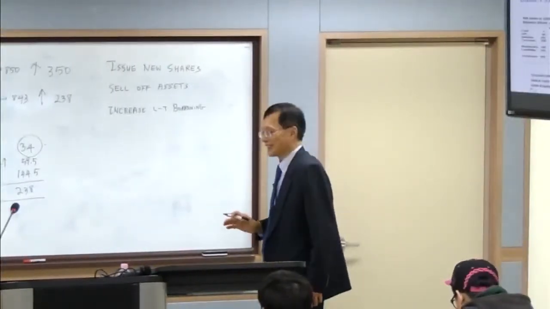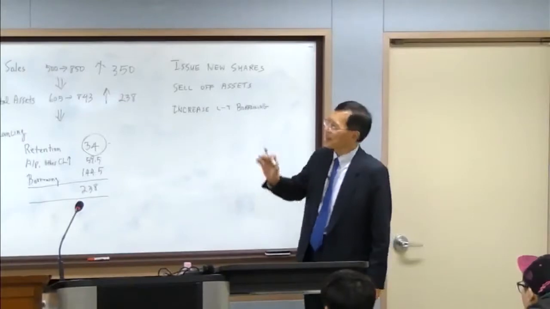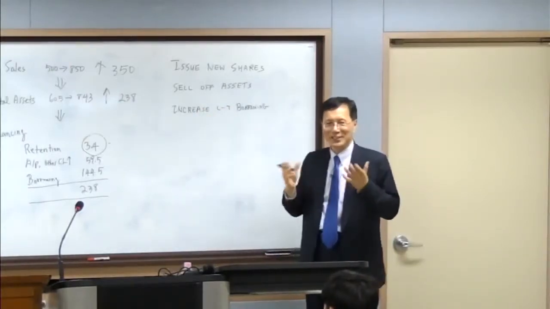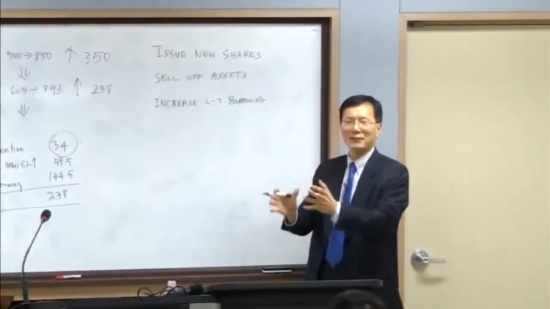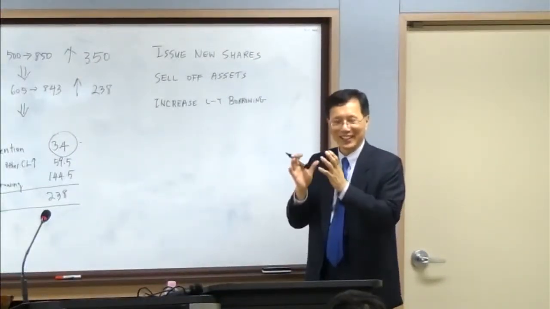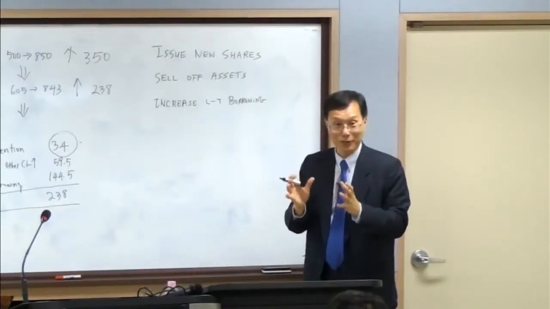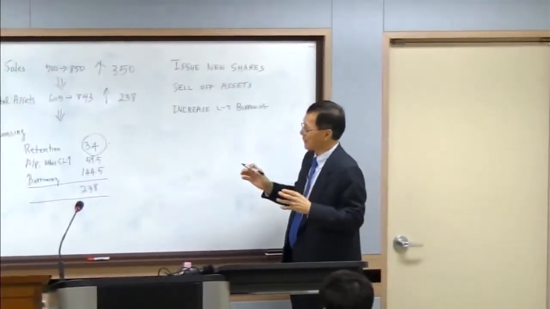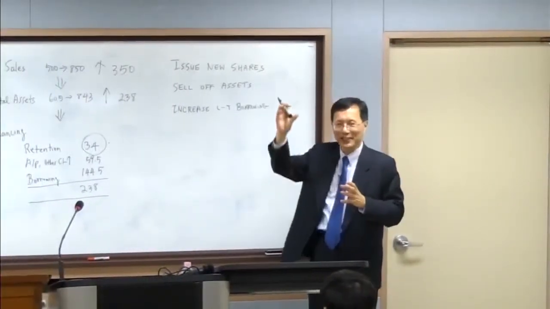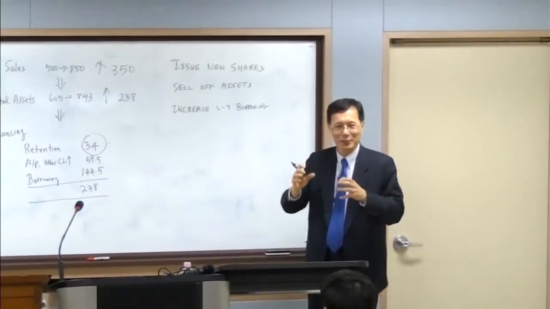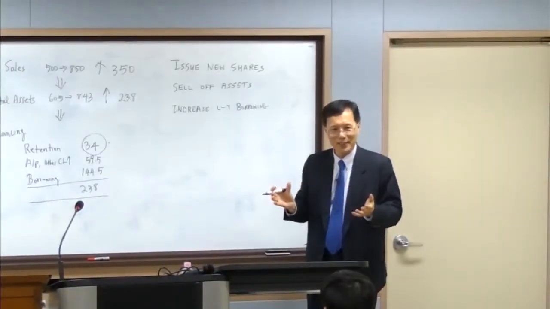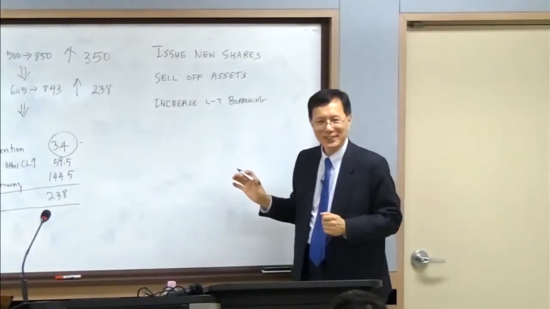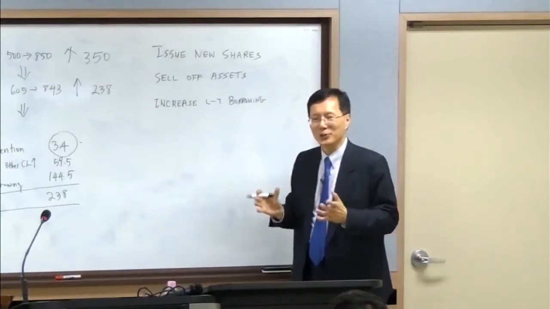Well, that's a possibility, but at the moment the case is asking how to finance this growth. It would be ideal if the company can bring down its growth rate to a more manageable level, but at the moment the company wants to grow at 70%, and you're supposed to find a way to help the company grow at 70%.